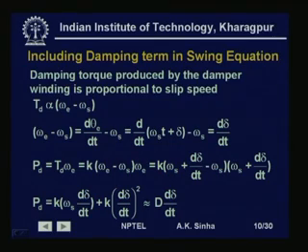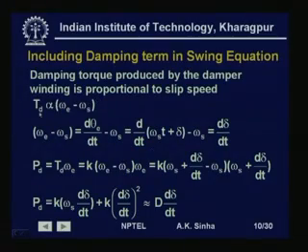So, the damping torque is proportional to the speed difference between the synchronous speed and the actual speed of the rotor. Therefore, we write damping torque Td as proportional to omega e minus omega s, where omega e is the actual rotor speed in electrical radians per second, and omega s is the synchronous speed in electrical radians per second.